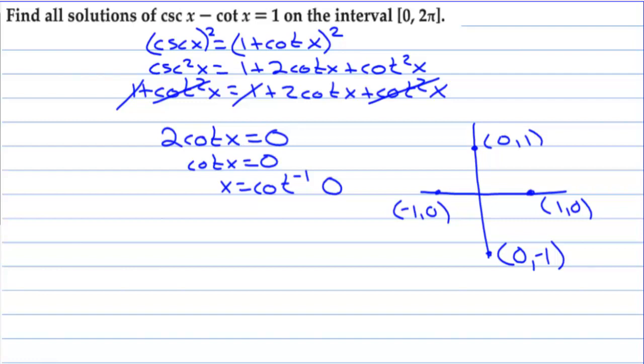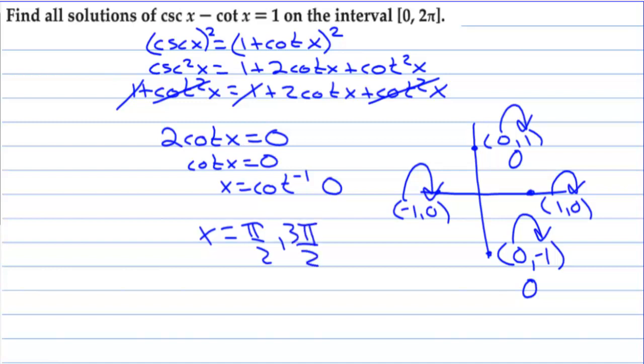But cotangent is cosine over sine, which is x over y. Here are your zeros. X over y on these two will give you the undefined, because that puts 0 in the denominator. So the two answers for this one on one trip around the circle is pi over 2, 3 pi over 2. That's where cotangent is 0. 0 and pi is where they're undefined.